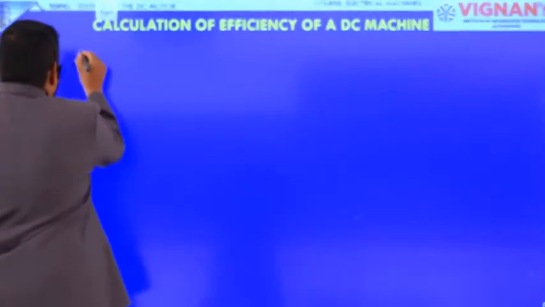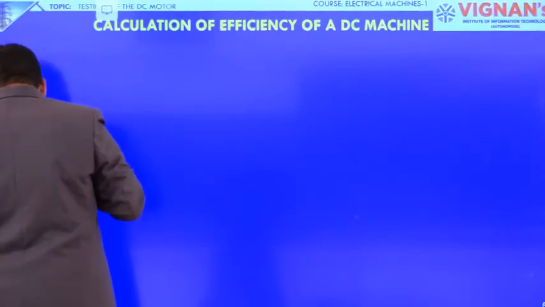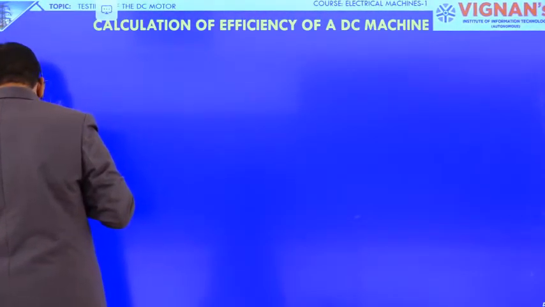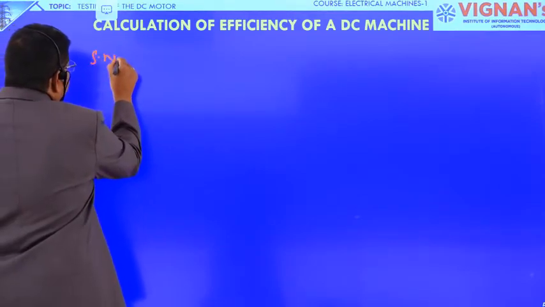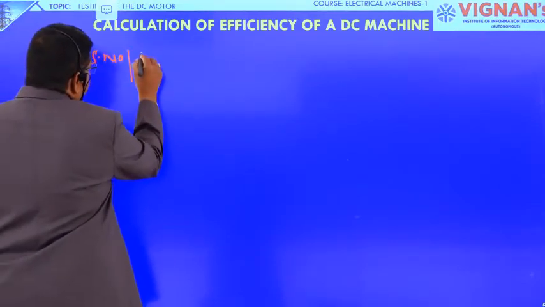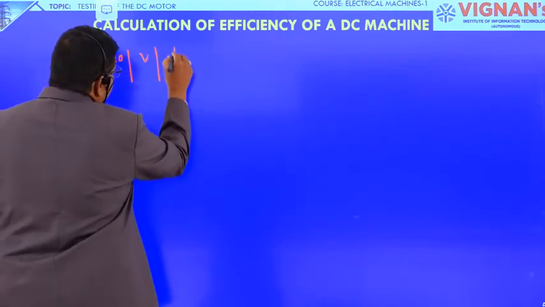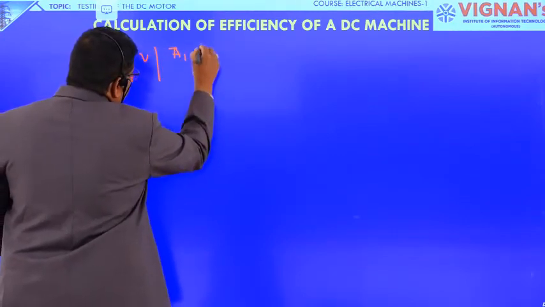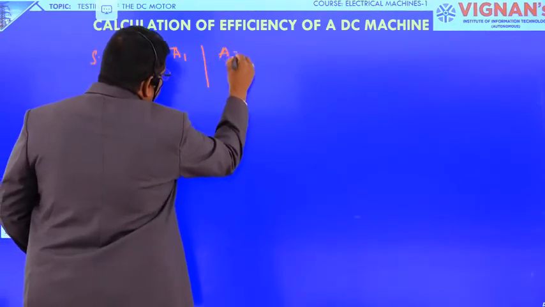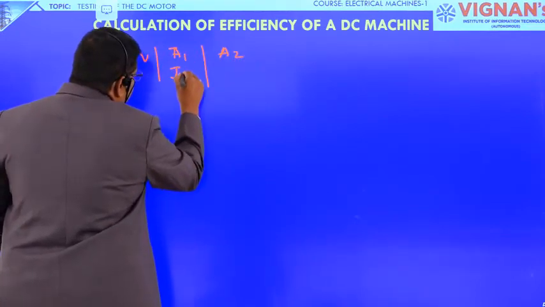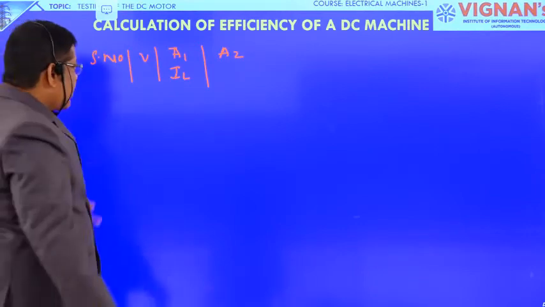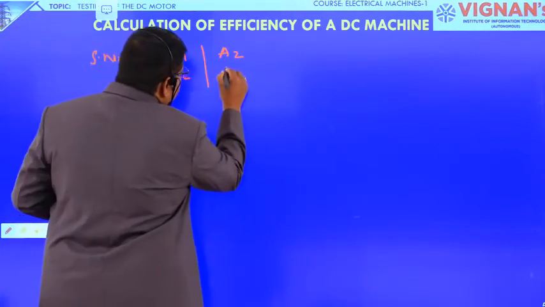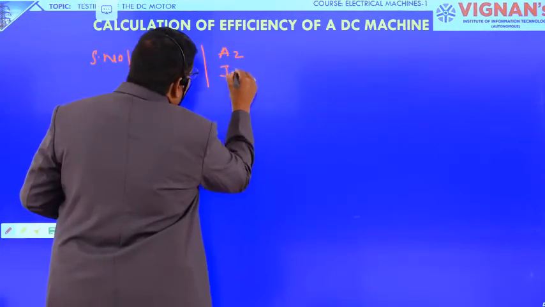See here, we have a table with serial number, voltmeter reading, ammeter A1, ammeter A2. Ammeter A1 is nothing but the line current. The reading of A2 is nothing but the field current.